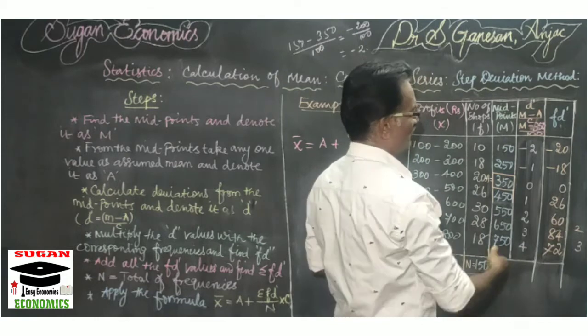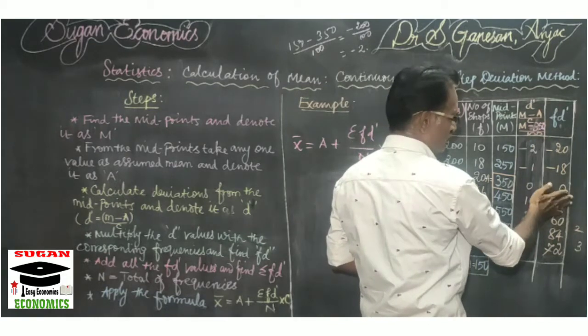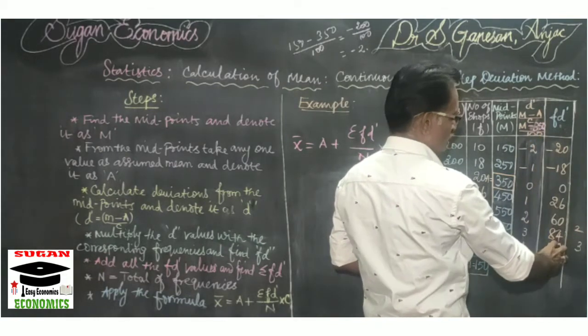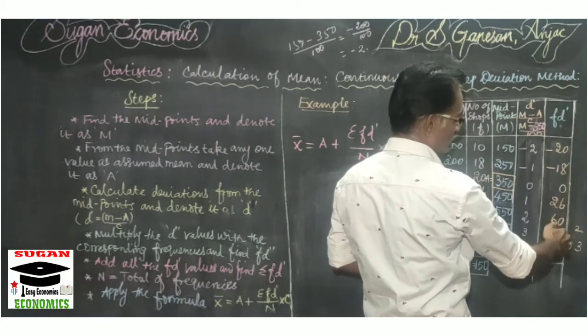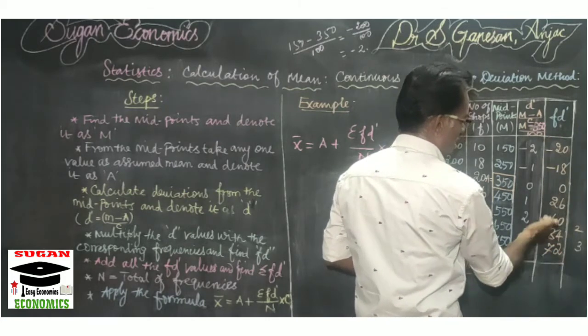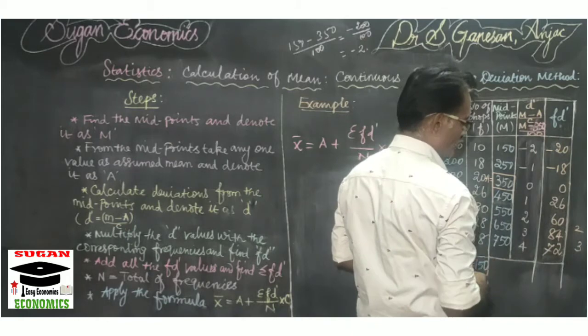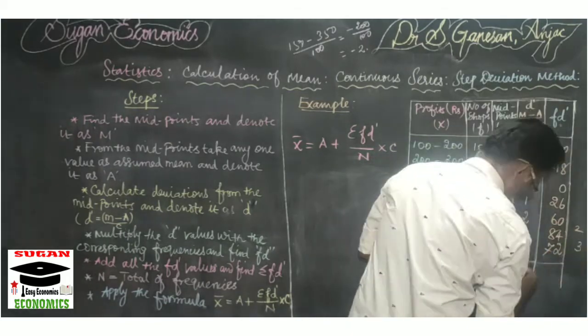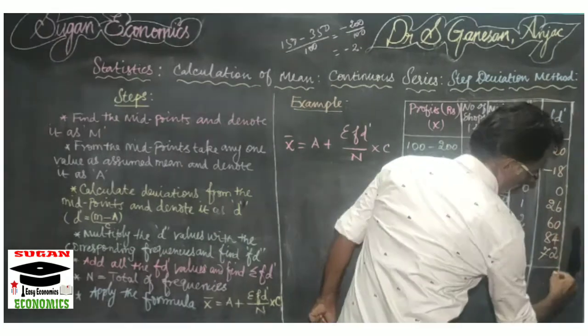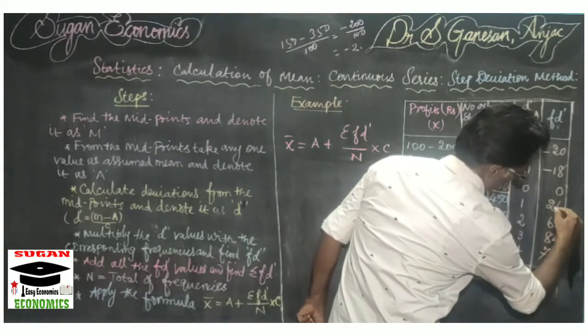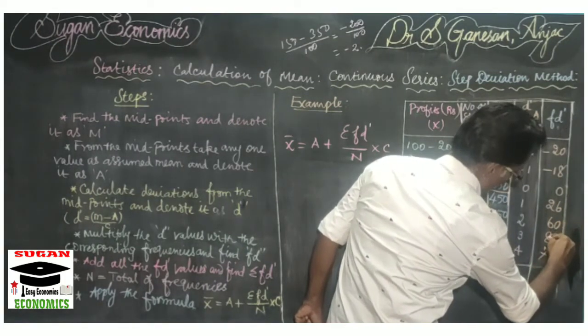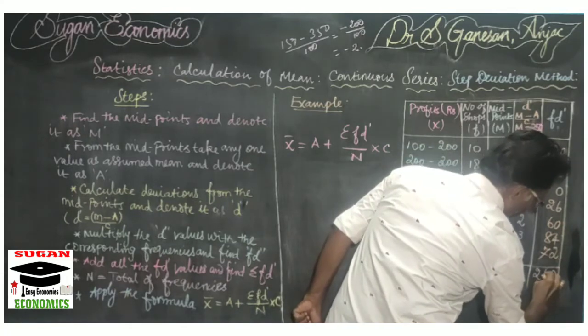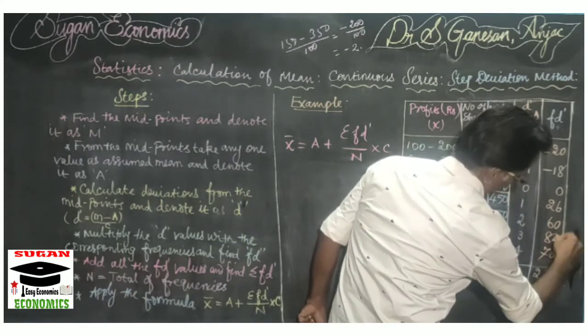Here in the f d dash column we have both positive and negative values. So which value is greater? First you can add them. In our example the positive values are greater than the negative values. So first add the total of the positive values, which is equal to 242.